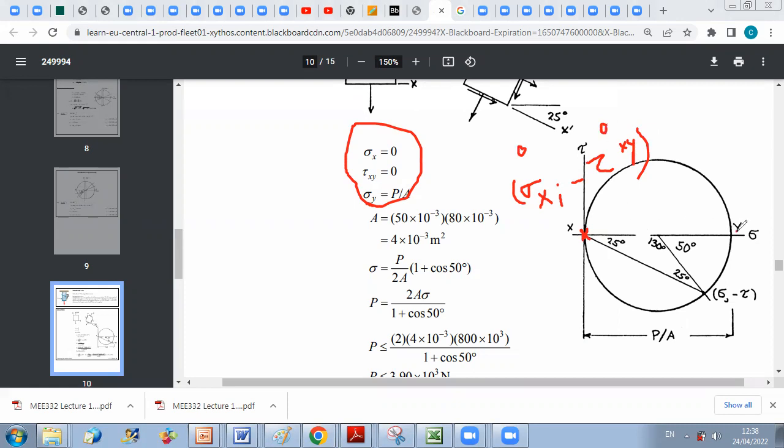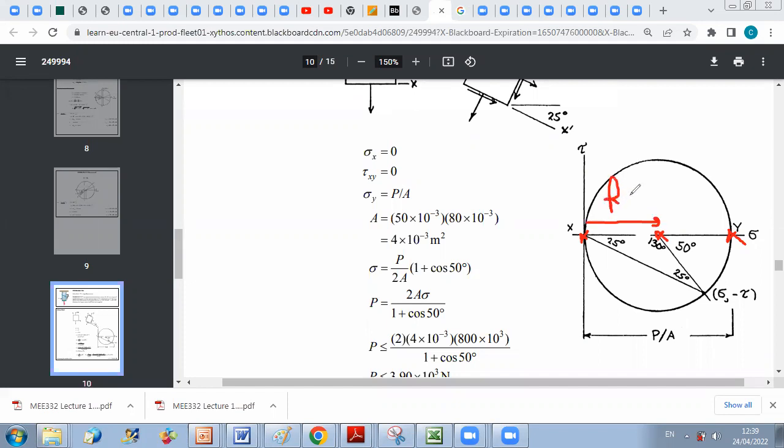And Y is the coordinate of sigma Y, plus tau XY, so sigma Y is P over A. So these are my points corresponding to the principal axis because shear is 0. And once I put these 2 points, I can compute sigma average, and the radius R of my circle is P over 2A.